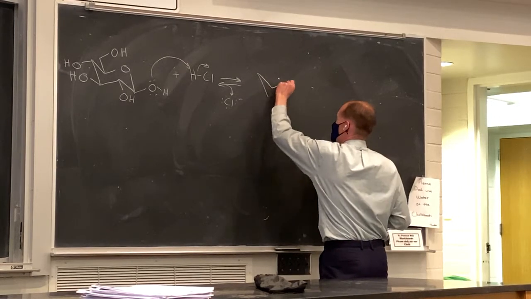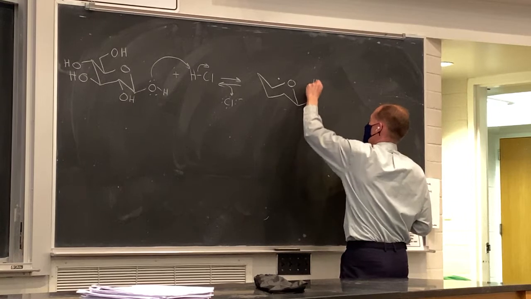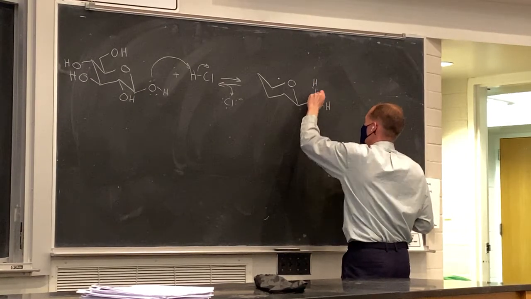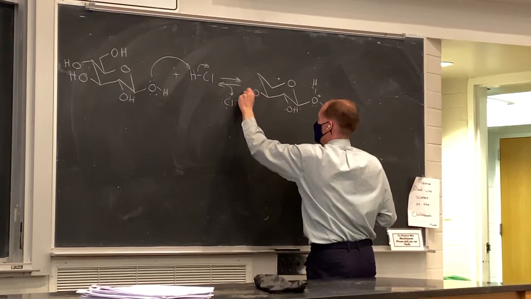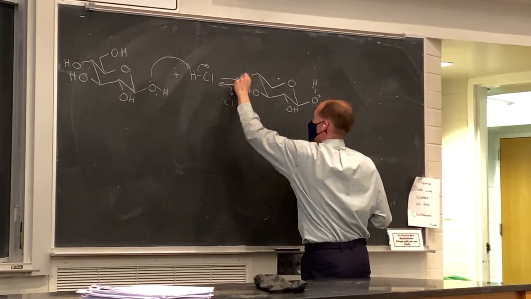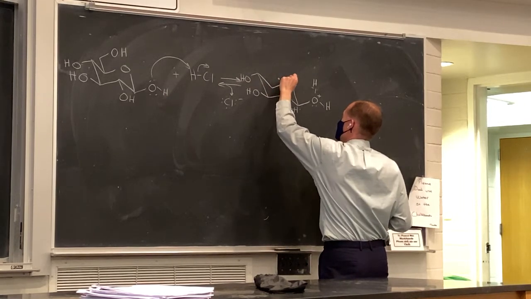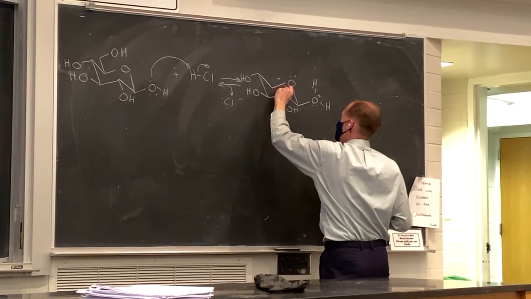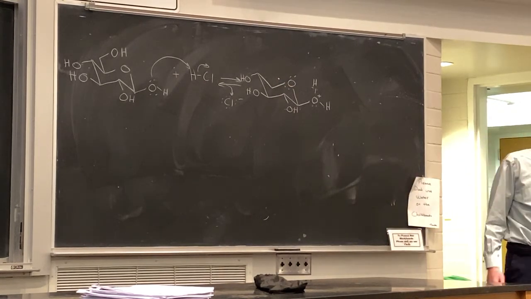Okay? So let's draw the product we get when we protonate the anomeric hydroxyl. It's going to look like that. We'll draw in our other OHs. Okay, so going back, drawing on our knowledge of reactions of alcohols, what happens next after we protonate the alcohol?